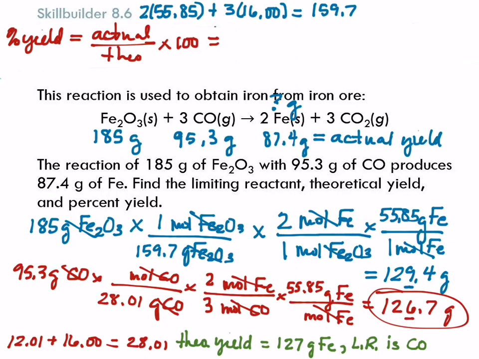We just calculated the theoretical. Since I'm using it in a calculation, I'm going to revert to this one instead of using the rounded. It's better. What's the actual yield? The 87.4 that they gave us. 87.4 grams and times 100.